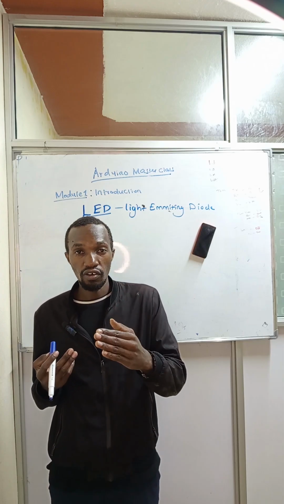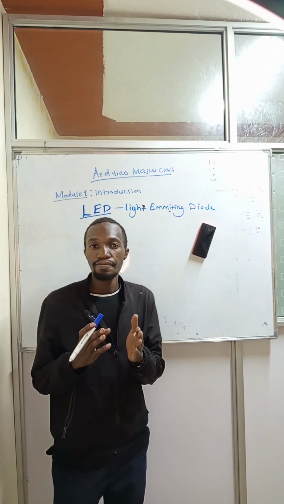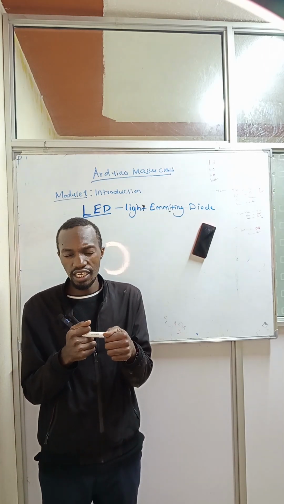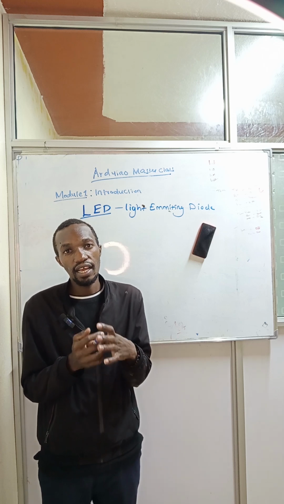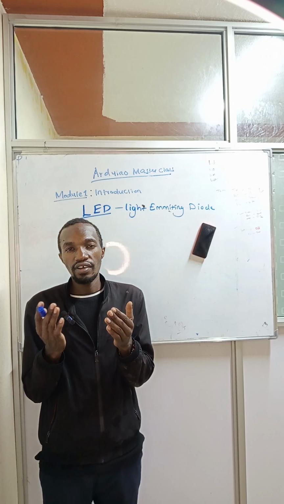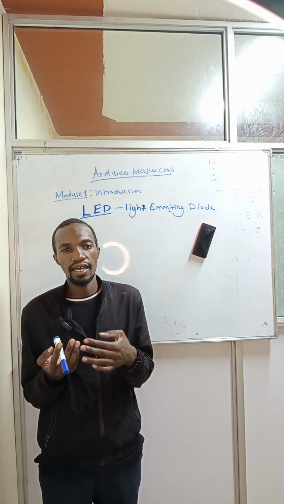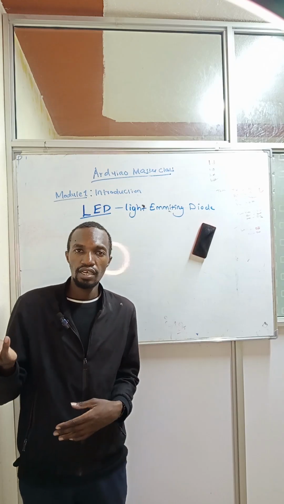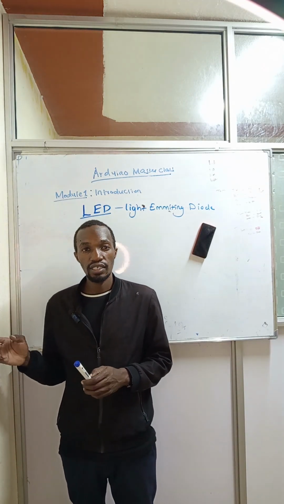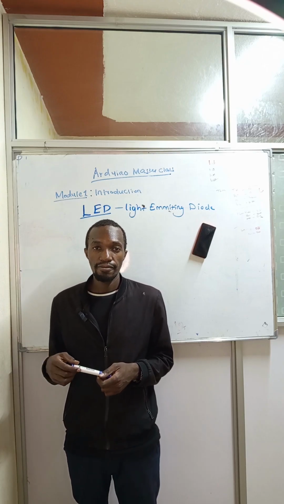Turn the LED on and off. I told you in the last class that the most common code in any programming language is called Hello World. If you have learned any programming language like C, C++, Python, Java, JavaScript, HTML, you have probably written Hello World as your first code.